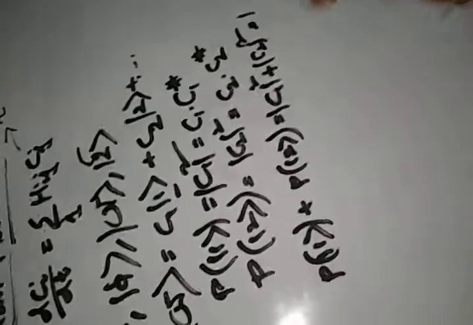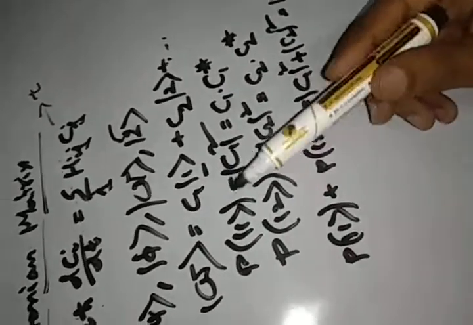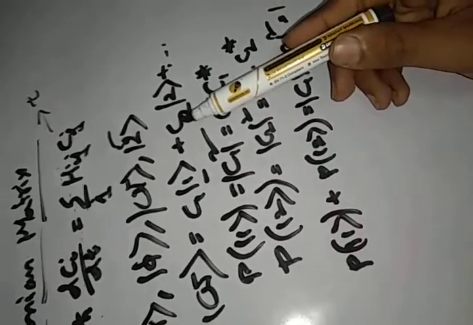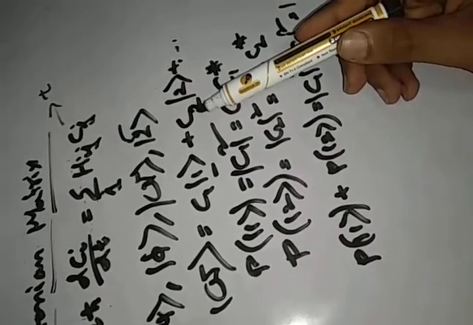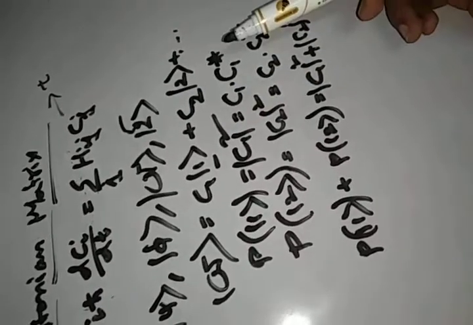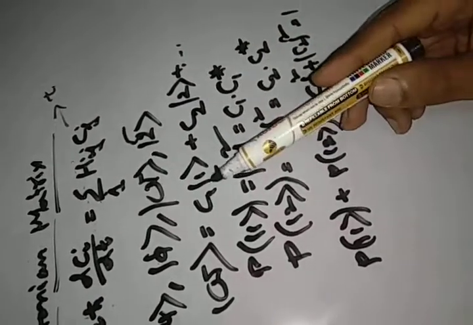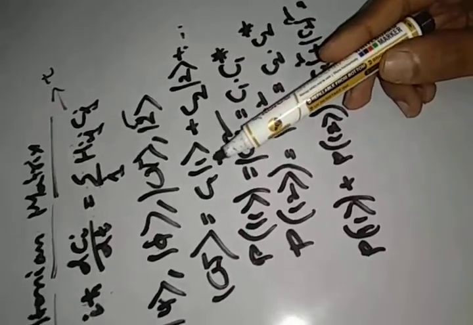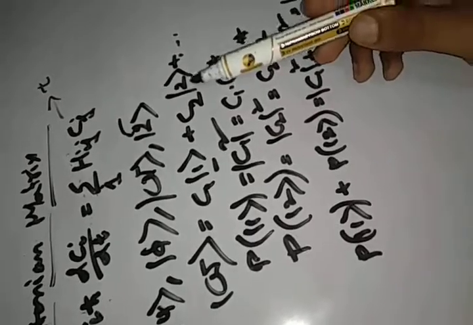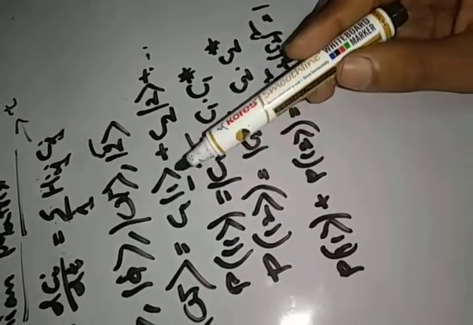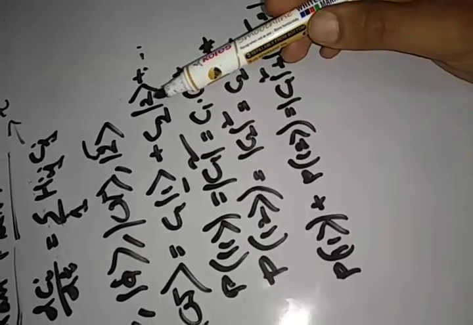Why? See, the probability of finding the particle in this state and the probability of finding the particle in this state will give the total probability of finding this particle in either this state or this state. The particle, when detected, can never be in any other state, so it will be either in this state or in this state.